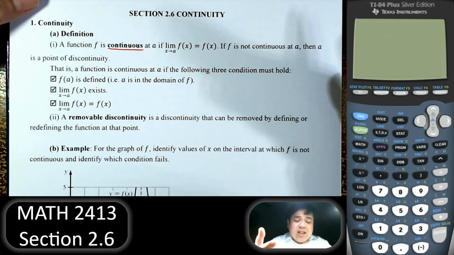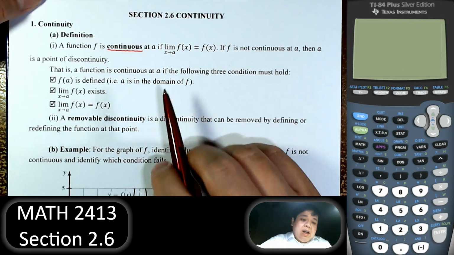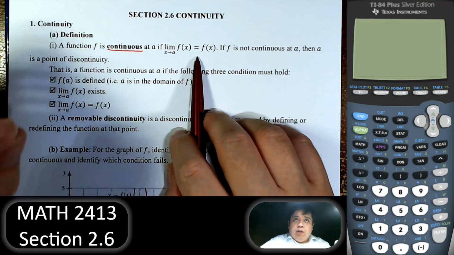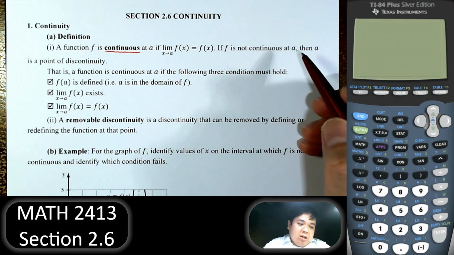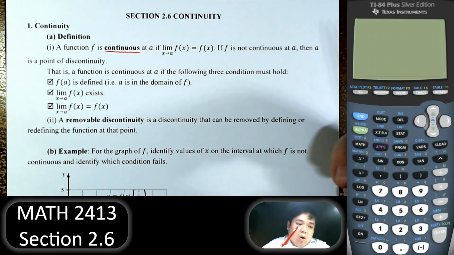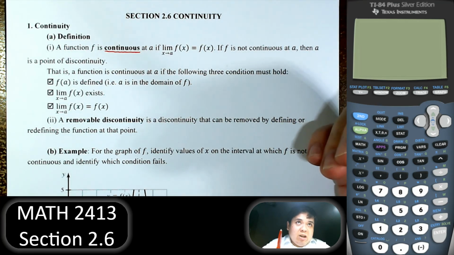But in this case, if it is continuous at the point, then the limit equals the value of the function. If it is not continuous, then the point is called a point of discontinuity.